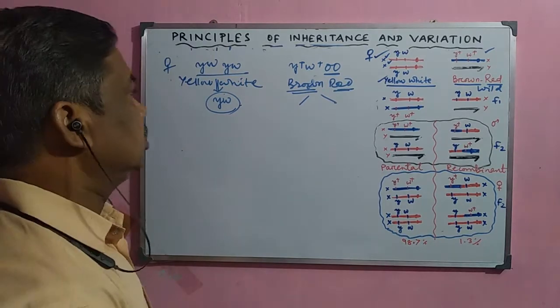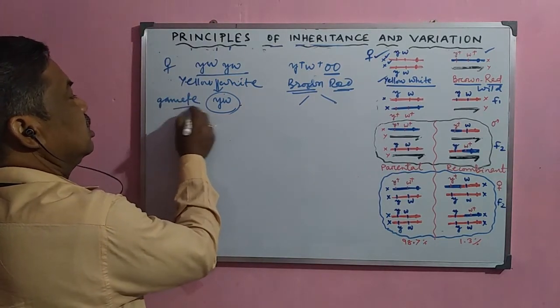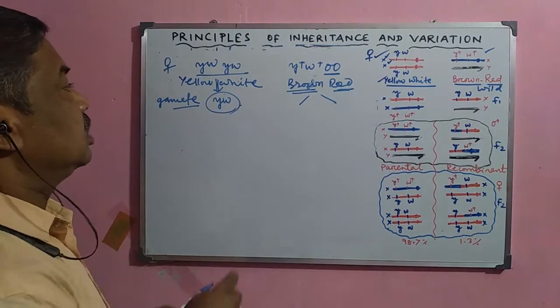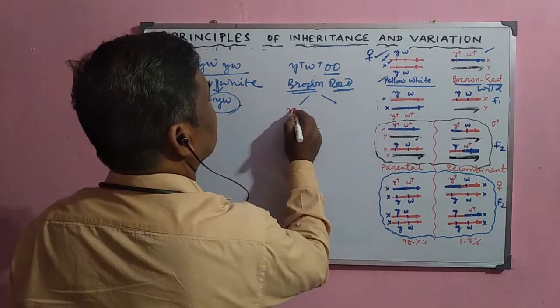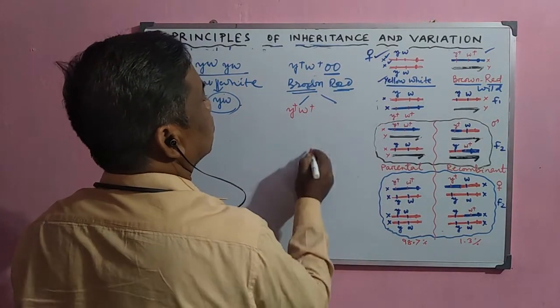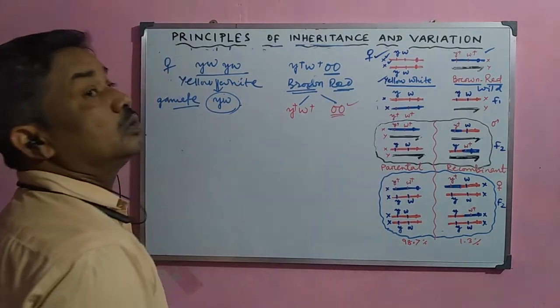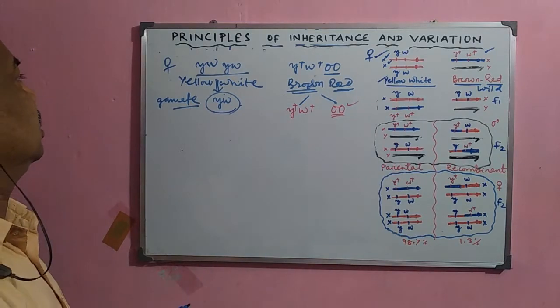gametes will be formed. The gametes from the female are one type, the YW type, which is recessive, a yellow-white type. Then the male forms two types of gametes, that is Y plus W plus, and the Y chromosome, where there are no genes at all. Now in the F1 generation, what will happen?